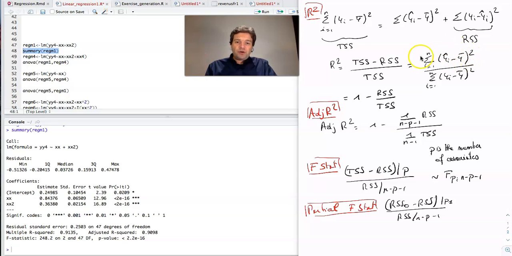The dispersion of the predictions is at the numerator, and the dispersion of the Yi is at the denominator. That means that the more the predictions are close to the Yi's, the higher this R square. And the more these predictions are close to the mean of the y's, the closer to zero the R squared is.